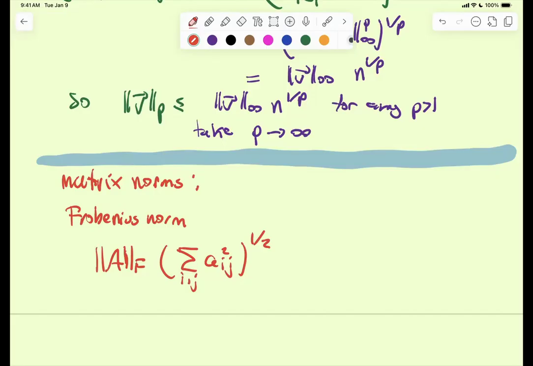There are other ways to write this down. This is also the square root of the trace of A transpose A. And that is also the square root of the sum of the squares of the singular values. What I'm trying to say is that there are many characterizations of the Frobenius norm, which makes it an interesting norm as well.